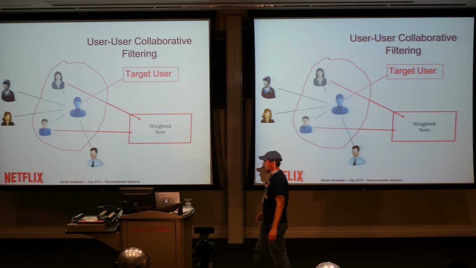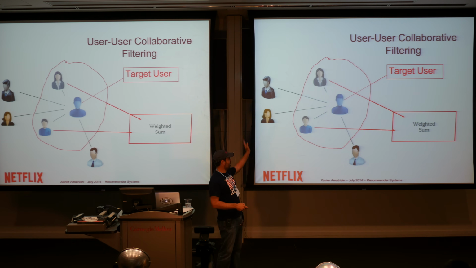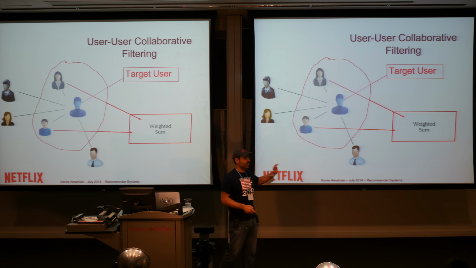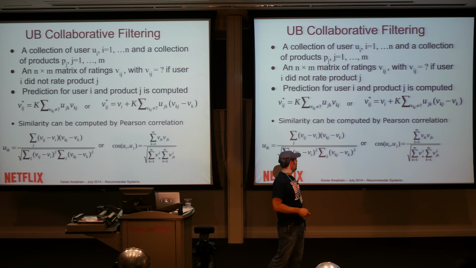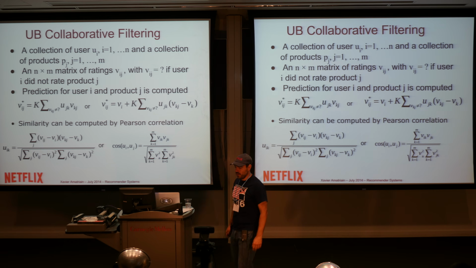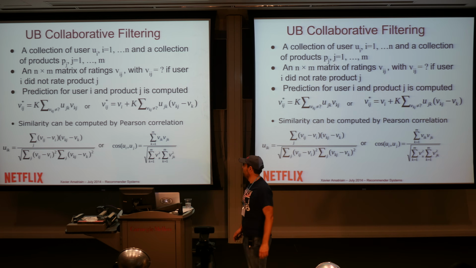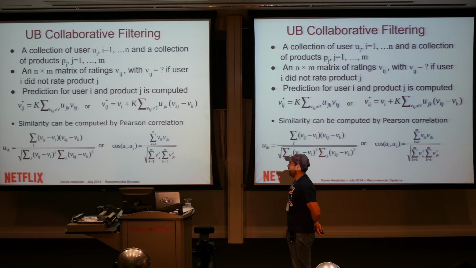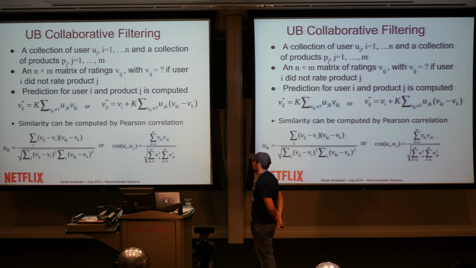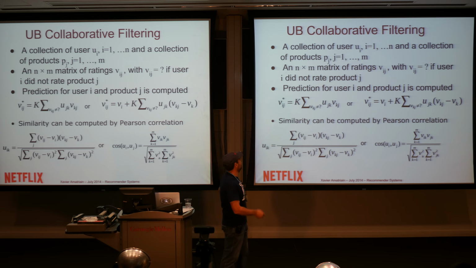Okay, so user-based collaborative filtering: we have our similar people, we have a weighted sum, we have the target user, and we recommend. So if we turn that into something a little more formal, what does it mean? Basically we have a collection of users, indexed by i, and a collection of products indexed by j, and the dimensions here are N and M. So that determines an N times M matrix of ratings.